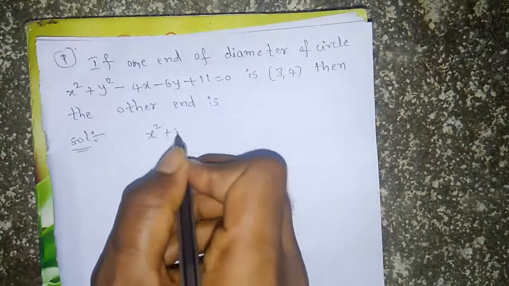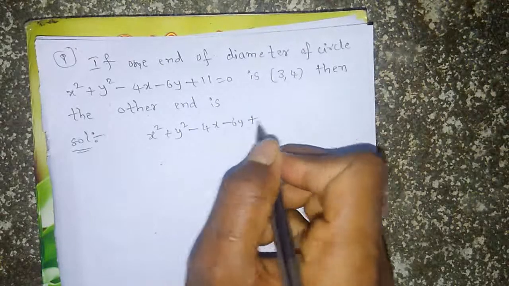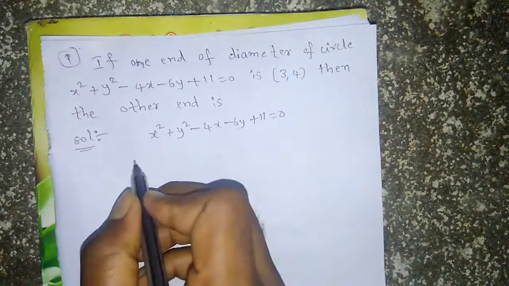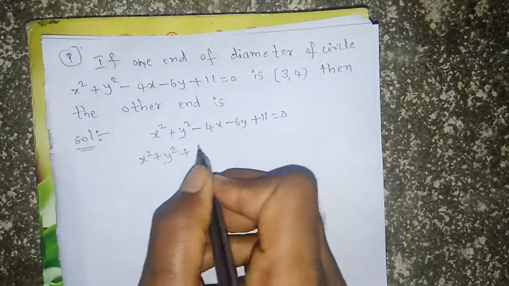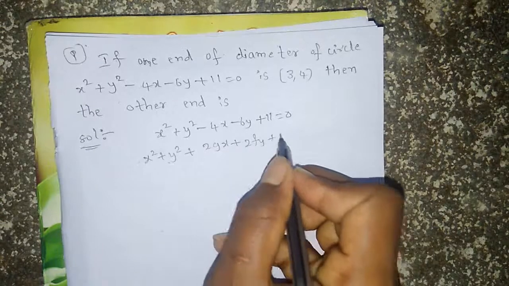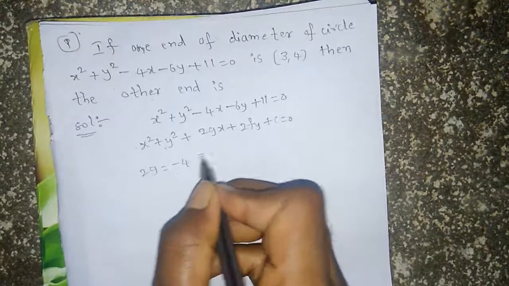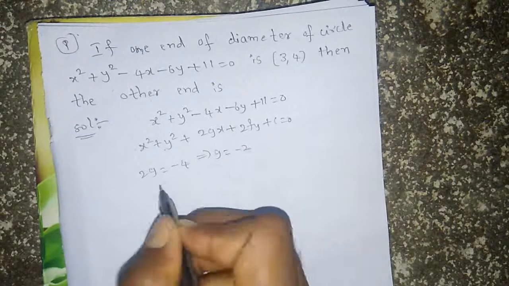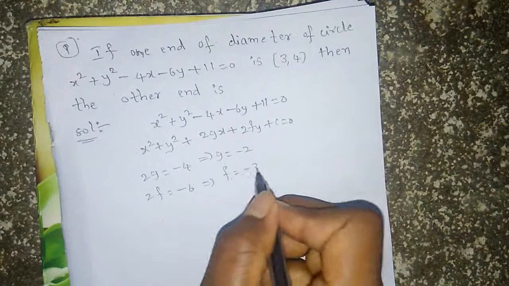Here equation of circle is x square plus y square minus 4x minus 6y plus 11 is equal to 0. Comparing with the general equation of circle, x square plus y square plus 2gx plus 2fy plus c is equal to 0. Here 2g is equal to minus 4 implies g is equal to minus 2.